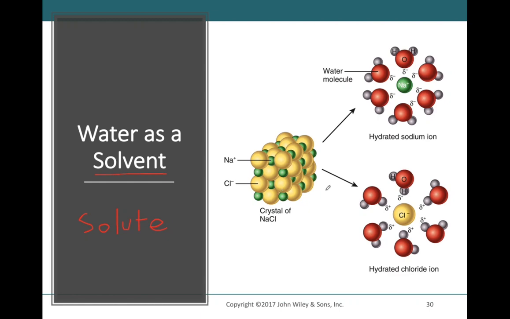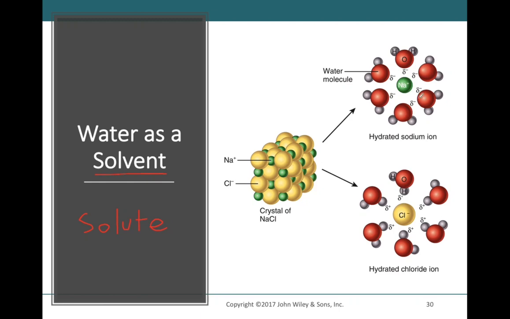You can see here in this example, we have a sodium chloride crystal. This is table salt. Because of water's properties, it's able to dissociate sodium from chloride. If we dump this into solution, a solution is just a mixture of a solvent and a solute. If we were to dump some salt into water and really zoom in to see what's going on, we'd see that the sodium ions and the chloride ions dissociate.